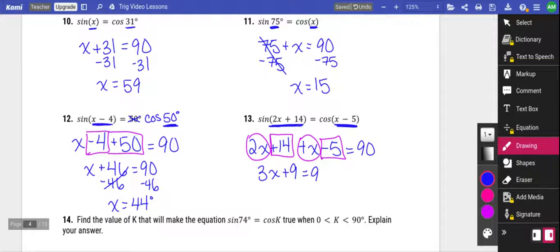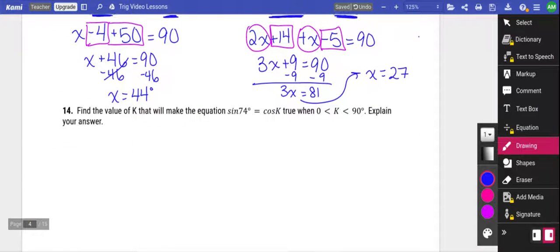Subtract 9 from both sides. 3x is equal to 81. And x is equal to 27. Not too bad, guys, right?